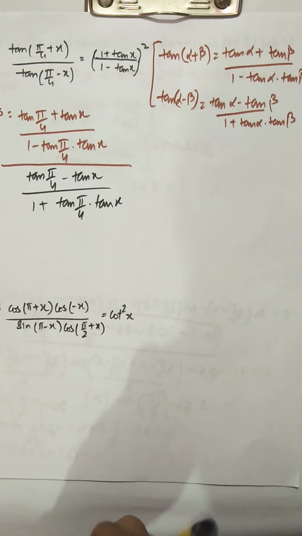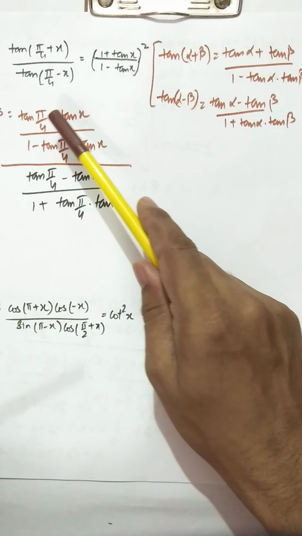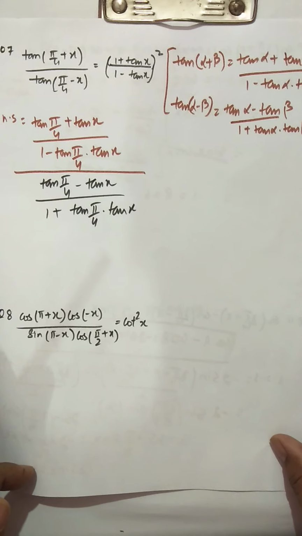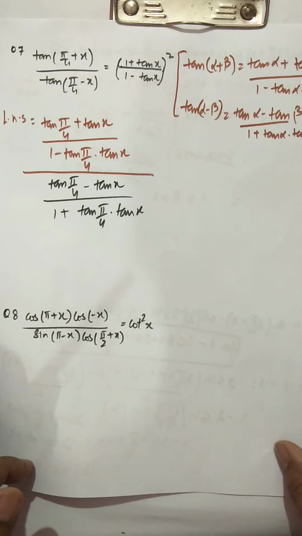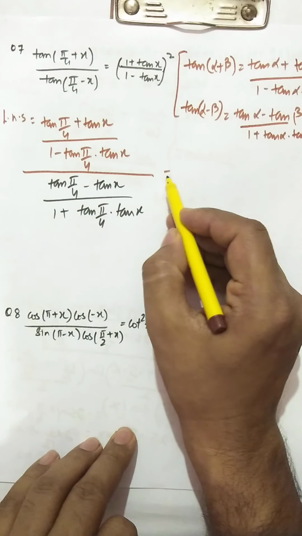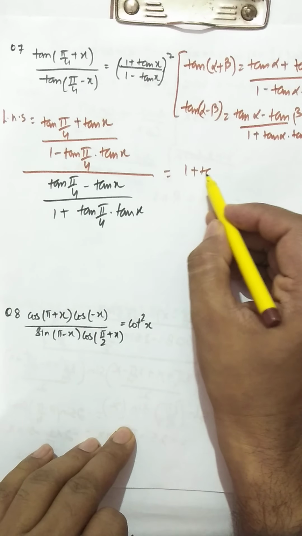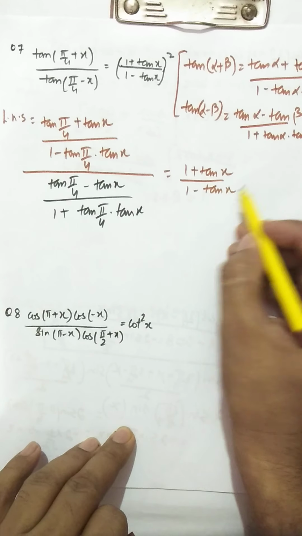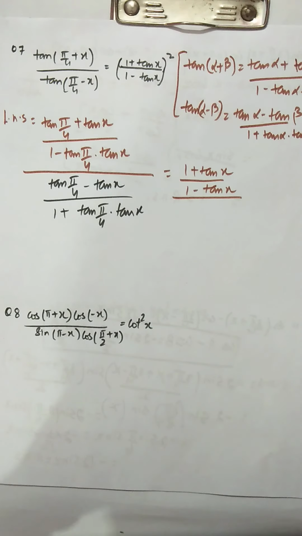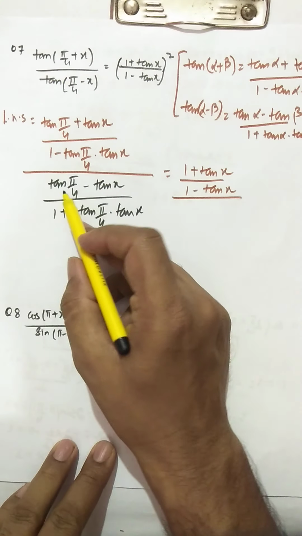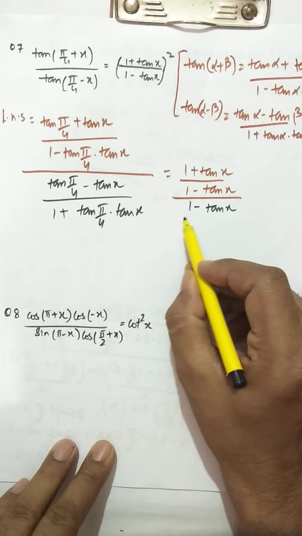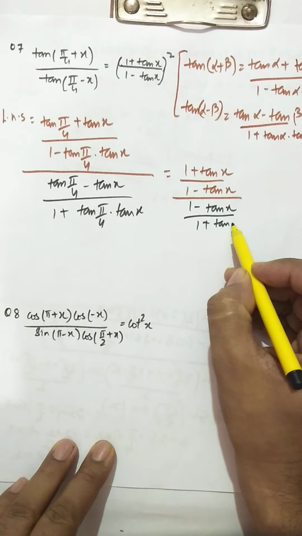Now you can see the value of tan pi by 4 is 1. So we can substitute the value. Tan pi by 4 is 1, so this will be 1 plus tan x, and this is also 1 minus tan x upon 1 plus tan x.